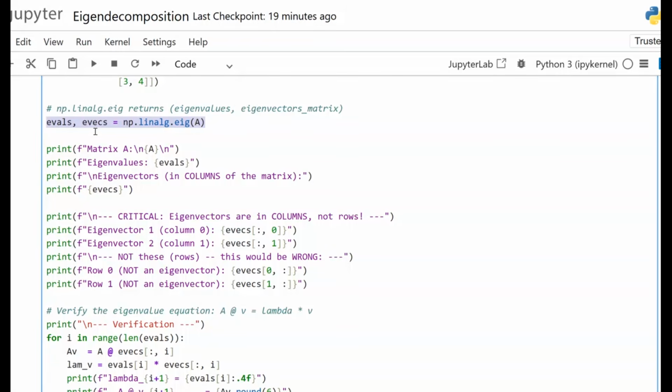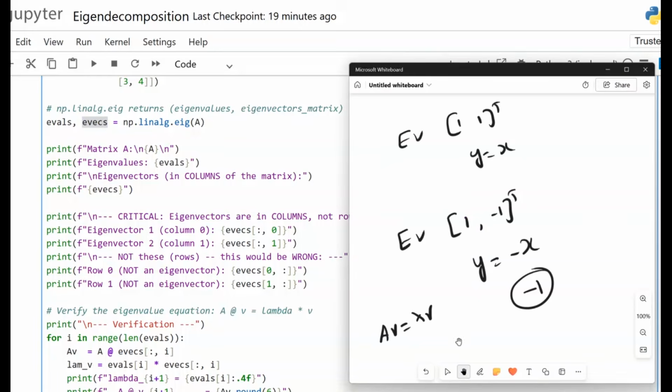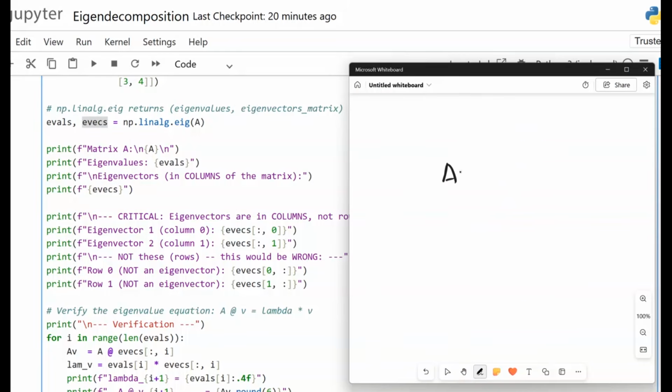And here we have the matrix whose columns are eigenvectors, and here we get that A multiplied by V is equal to V multiplied by Λ. Here V is the matrix of eigenvectors, as columns, and Λ is the diagonal matrix of eigenvalues.